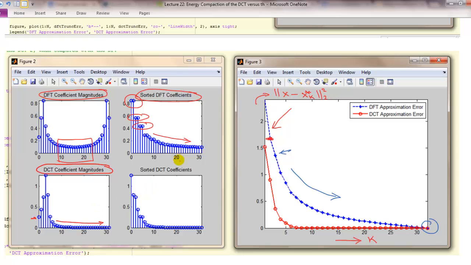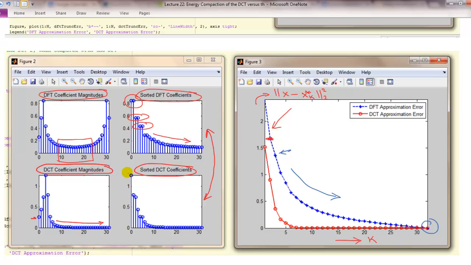Okay? And now I'm just plotting the sorted ones. If you plot the sorted coefficients, then you can actually do a one-to-one comparison of the DFT versus the DCT. So let's look at these two plots on the farther right side.